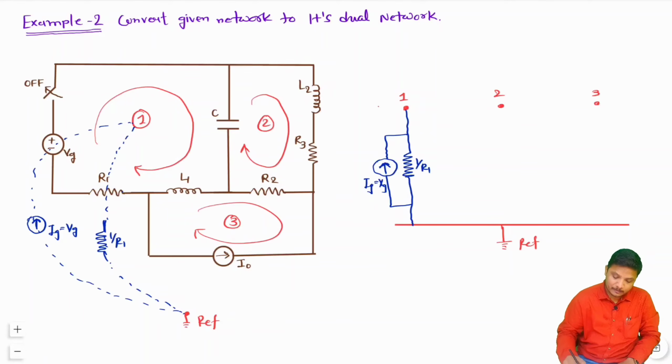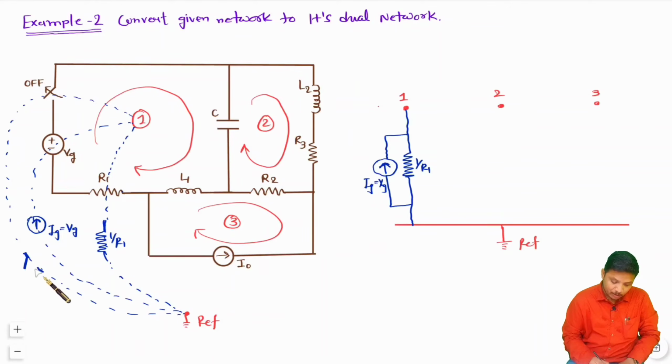Remember this. Now see this switch, which is connected between node 1 and reference. When you draw this switch, all you need to do is see whether the switch is open or closed.